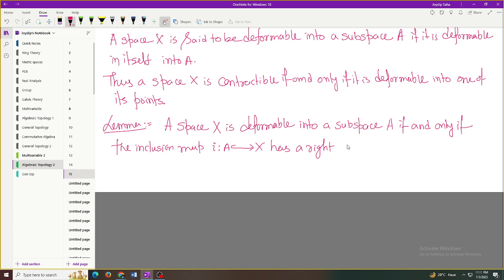Right homotopy inverse, that is, there exists f, X to A such that I compose f is homotopic to identity X.